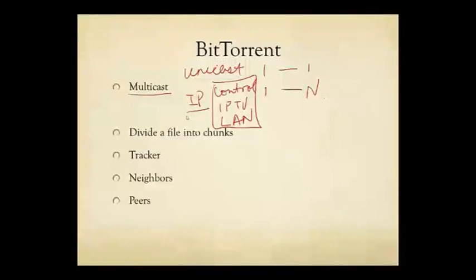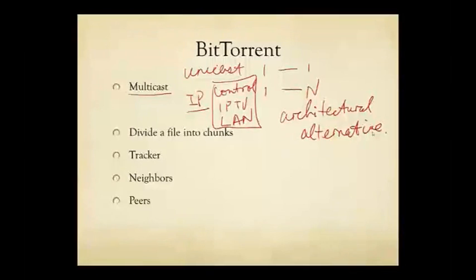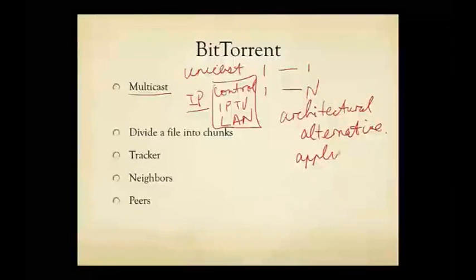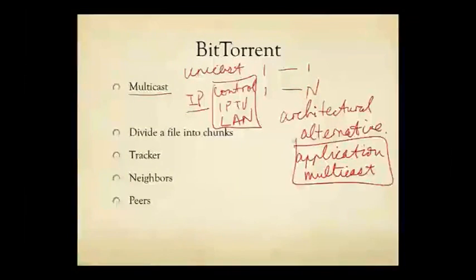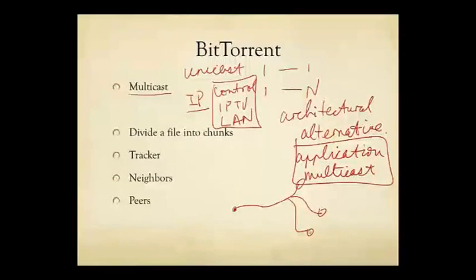Part of the reason is management overhead, and instead an architectural alternative to doing multicast one-to-n delivery of packets in the network layer is to do it in the application layer, also called application layer multicast, meaning that I do not have to figure out how I can actually establish multicast capability from one source to, say, 3 end hosts, 3 destinations.